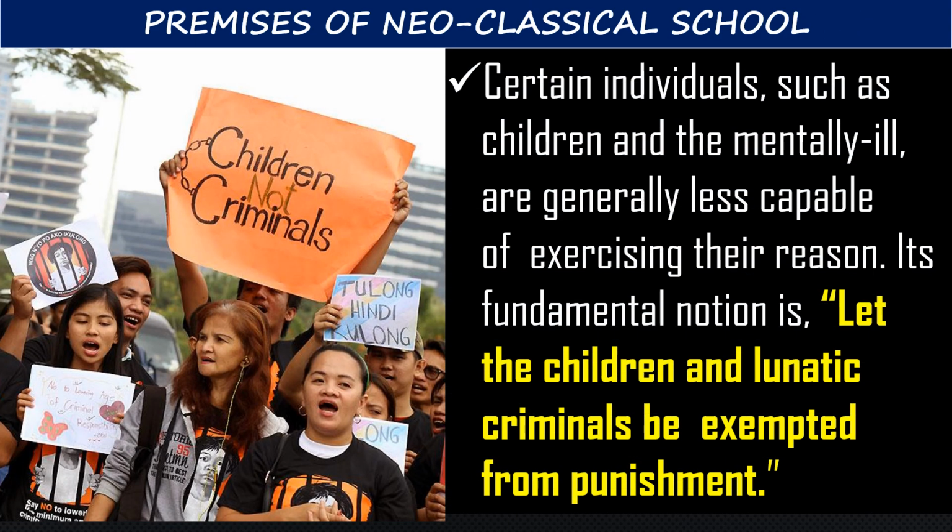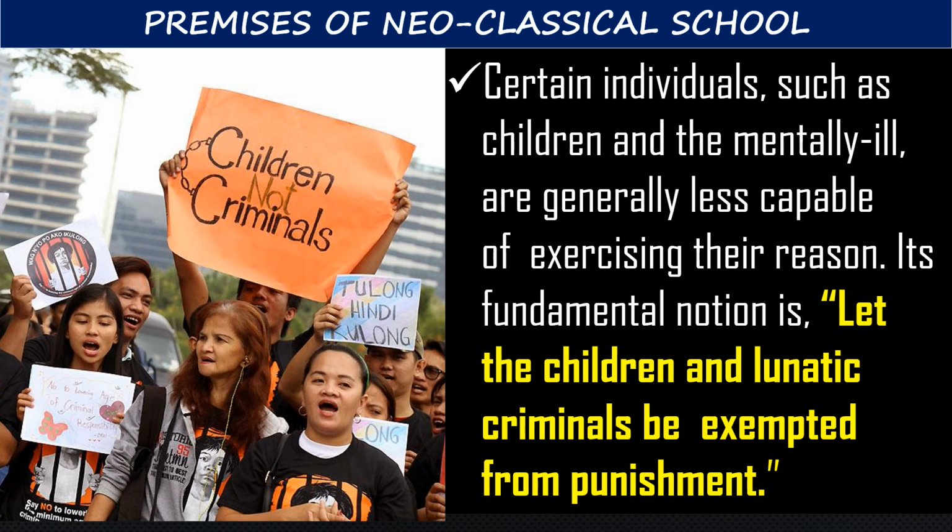Further, the neoclassical school said that certain individuals, such as children and the mentally ill, are generally less capable of exercising their reason. It is a fundamental notion that children and lunatic criminals be exempted from punishment, just like the picture beside the text, that children are not criminals.